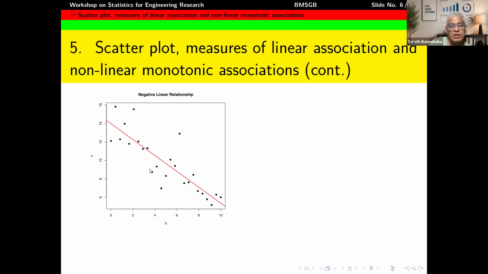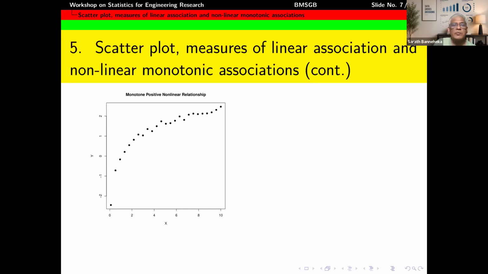Of course, we can draw a curve through the points also. Later on, we will discuss which model will be a suitable model. But for the moment, I am going to consider this as evidence of a negative linear relationship. Negative because the slope of the straight line is negative. It's a linear relationship because the points can be considered as being around this straight line here.